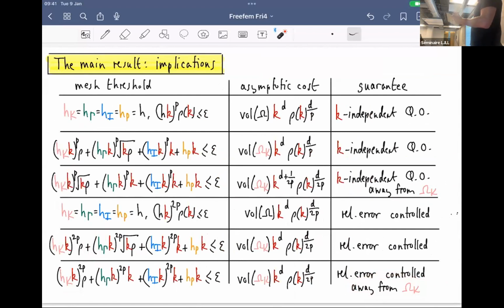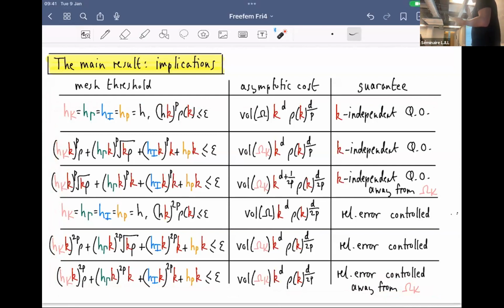And in fact, I should have said that the highest rows here are the finest mesh, the mesh with the largest cost, and this is the cautious mesh, the mesh with the cheapest cost.